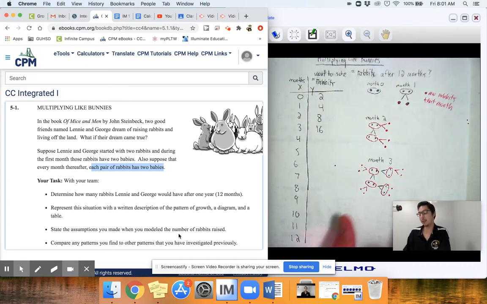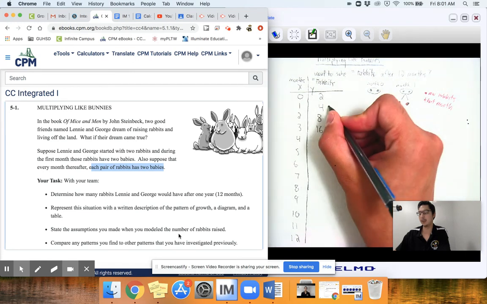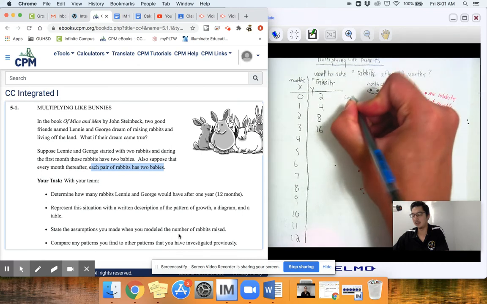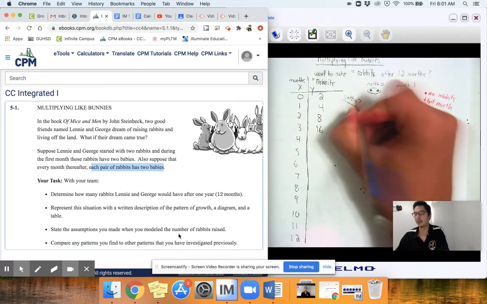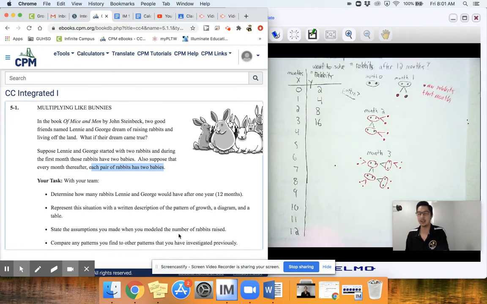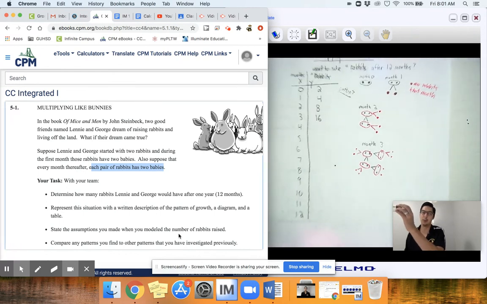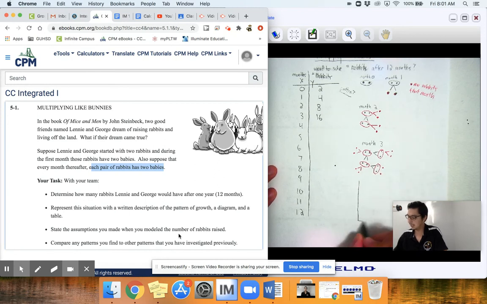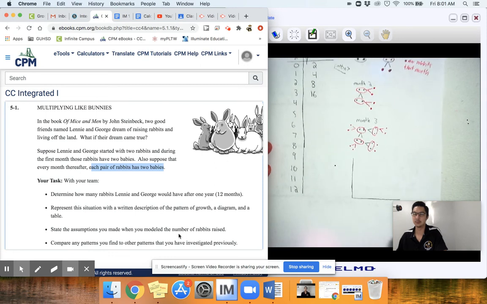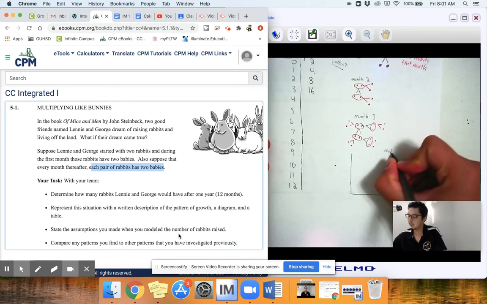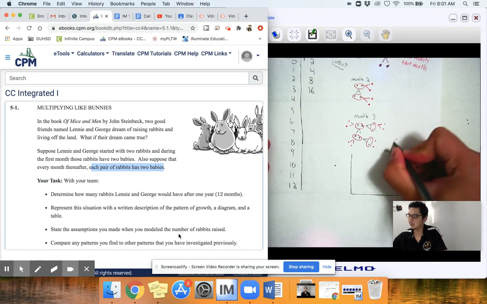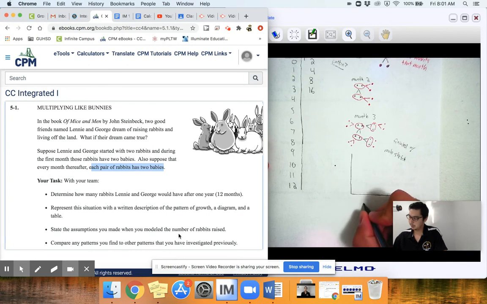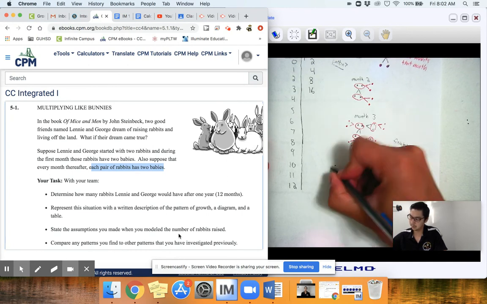You can keep going with the picture if you want to, but maybe you can think about how we are getting from 2 to 4, 4 to 8, 8 to 16. What's the pattern? If you can figure out a pattern, you might be able to solve this problem pretty quickly. Now, once you finish your table, I am going to ask you to make a sketch of a graph of this data, where X is the months and Y is the number of rabbits.